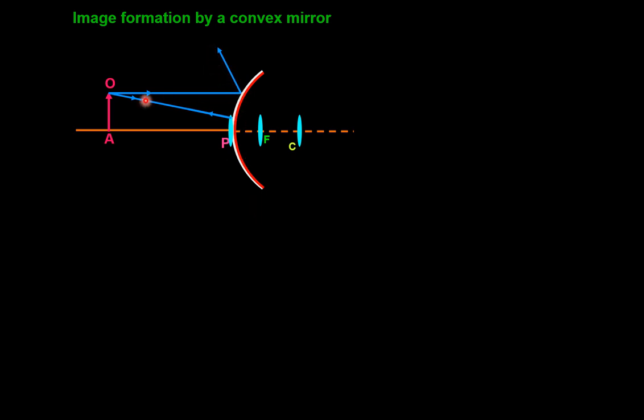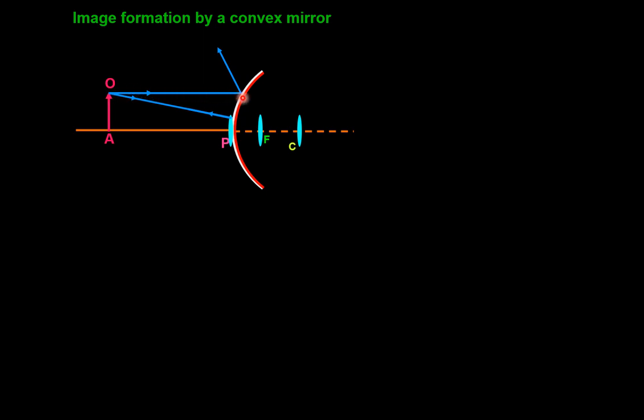We know that whenever a light ray is coming parallel to the principal axis, after reflection in the case of a convex mirror, it appears as if it has come from the principal focus. That's why this light ray is going like this.